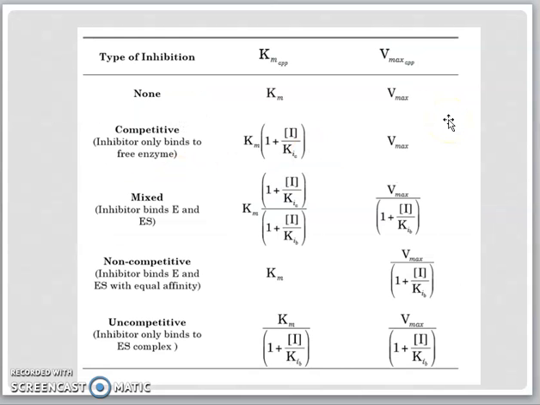This is a table which summarizes how to determine the Ki for each mode or type of inhibition.